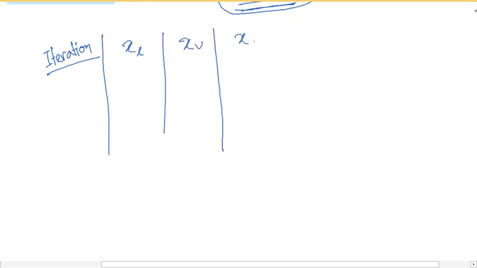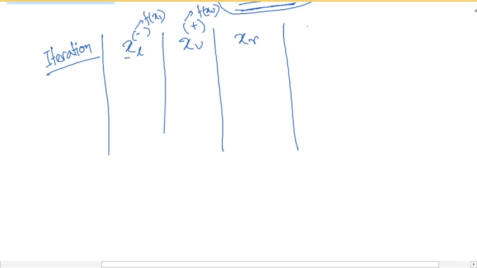So you will again create a chart like what we did in the previous case: iteration, then xl, then xu, then xr, then the sign will obviously be required here. That is the sign of f(xl). This is the sign of f(xu). Don't be confused about this; it is not the sign of xl or xu.